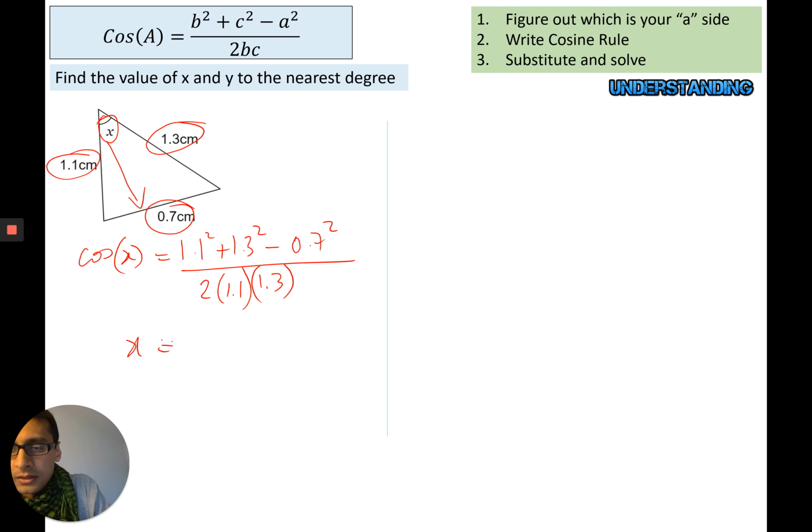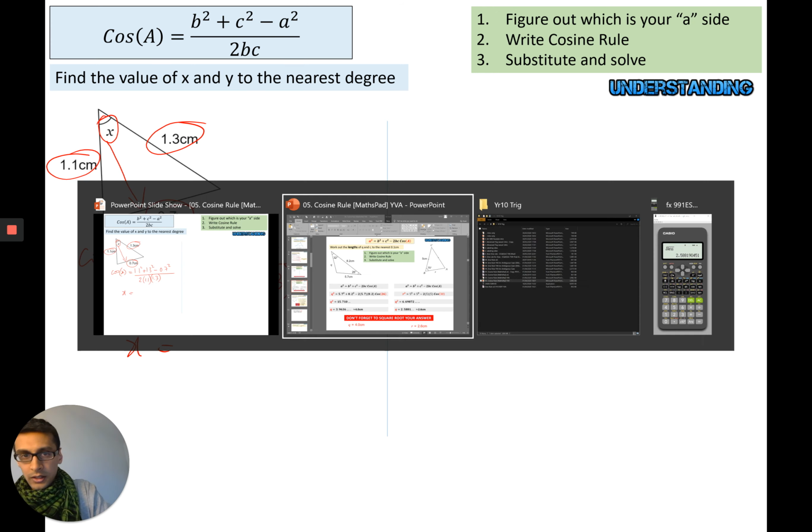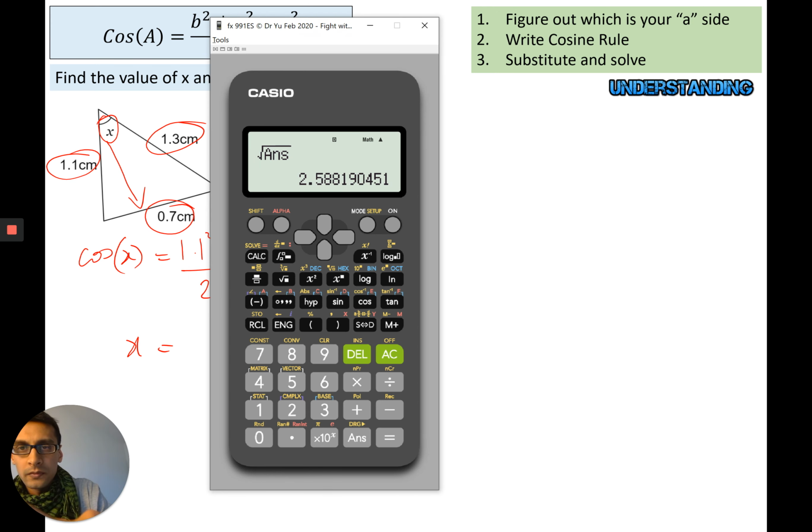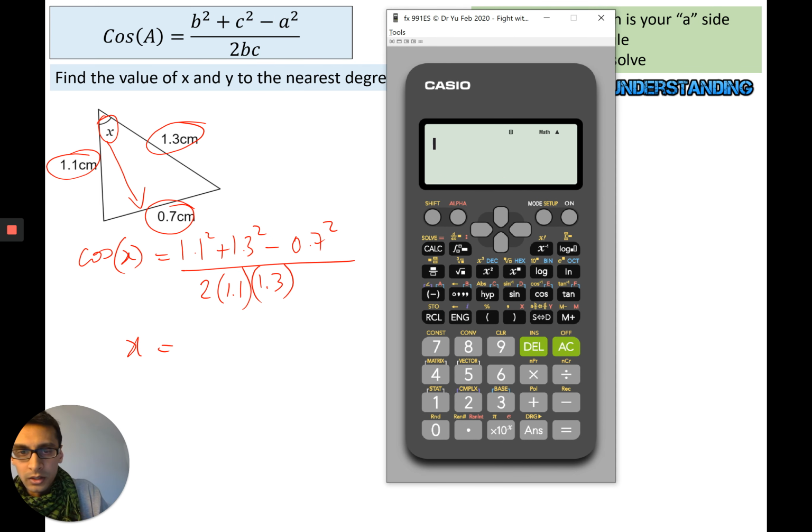Okay, so get your calculator out here. Fraction 1.1 squared plus 1.3 squared, take away 0.7 squared over 2 times 1.1 times 1.3.